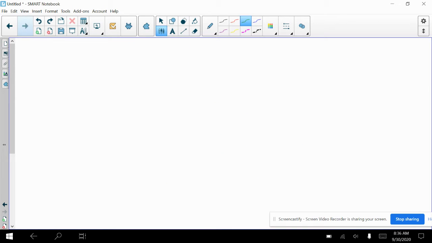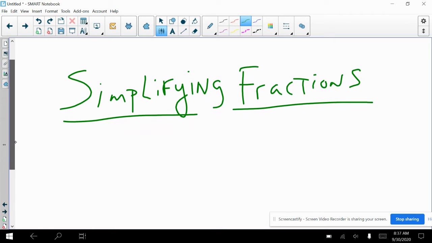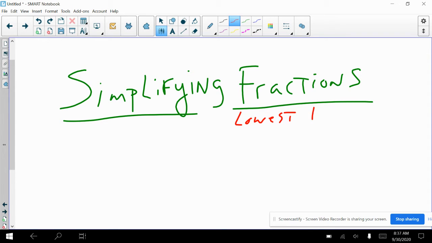Let's talk about simplifying fractions. Okay, they might use those two terms, lowest terms or simplify.